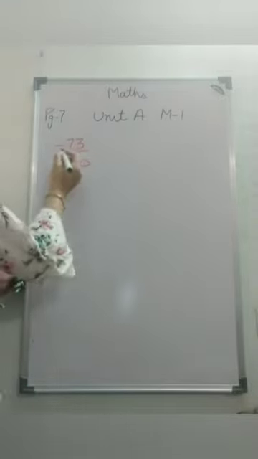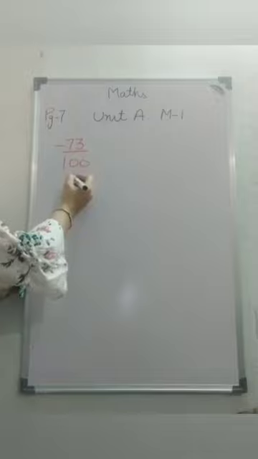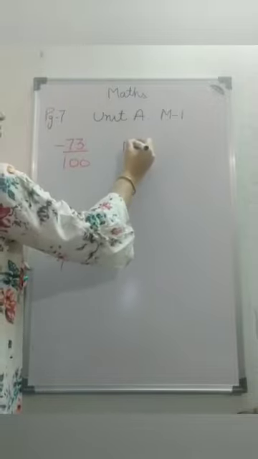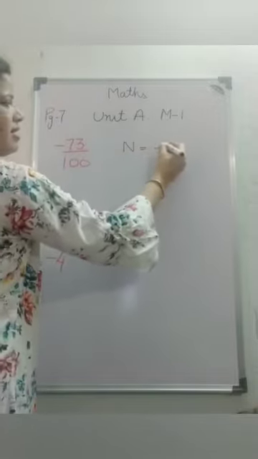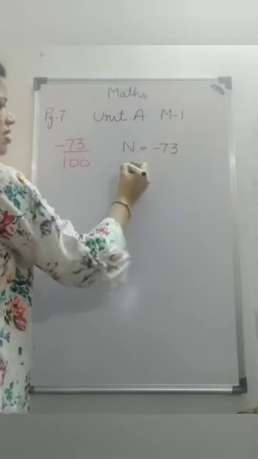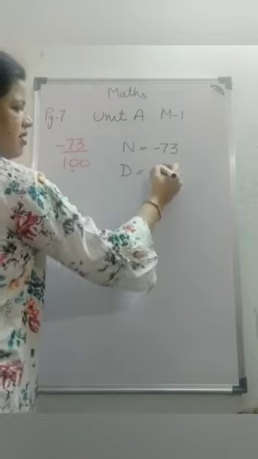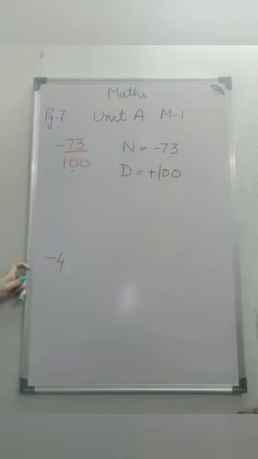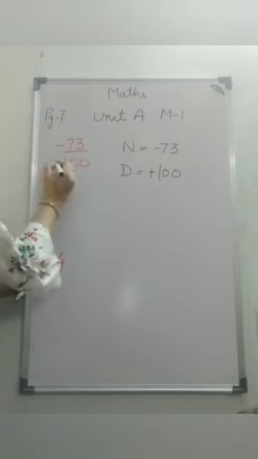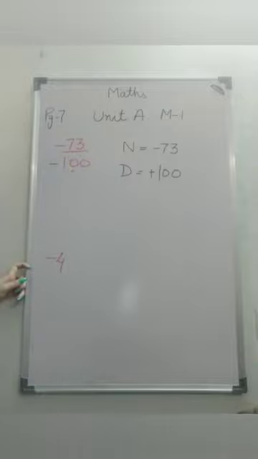Now see this one, -73 upon 100. So numerator is the upper part, means -73, and denominator is 100. Is it okay? If suppose a minus sign is there in front of 100, then what do we write?